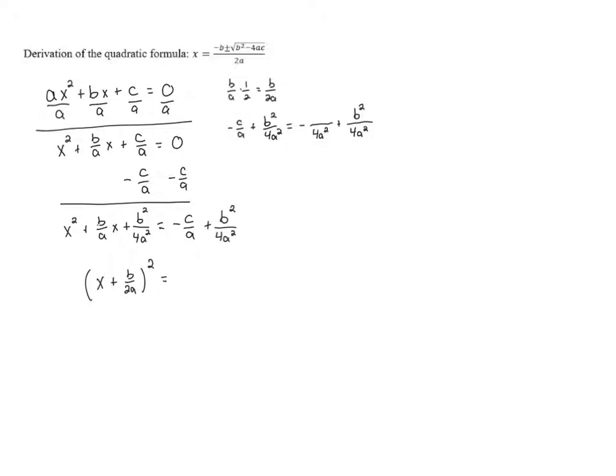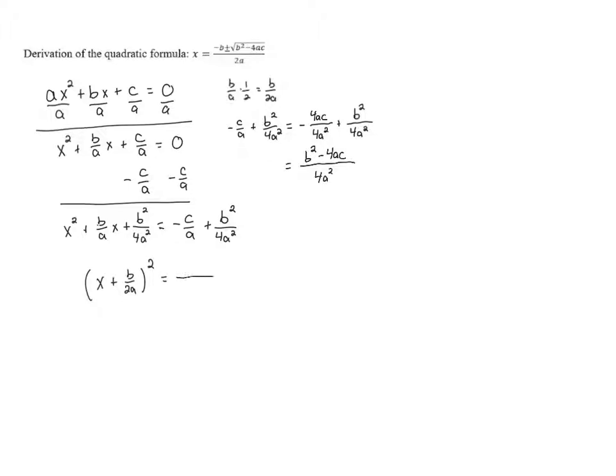But in the first one, to get from a to 4a squared, we have to multiply by 4a. So we're also going to multiply the numerator by 4a. That's going to give us 4ac, still with that negative sign out front. And if we want to add these, then we need to add the terms in the numerator. I'm actually going to switch the order. I'm going to put the b squared first, and then the minus 4ac after that, all over 4a squared.